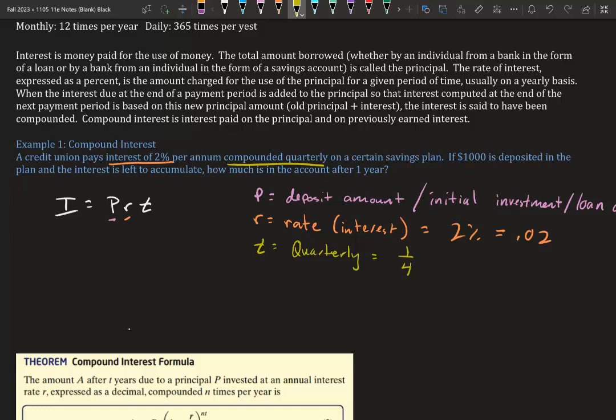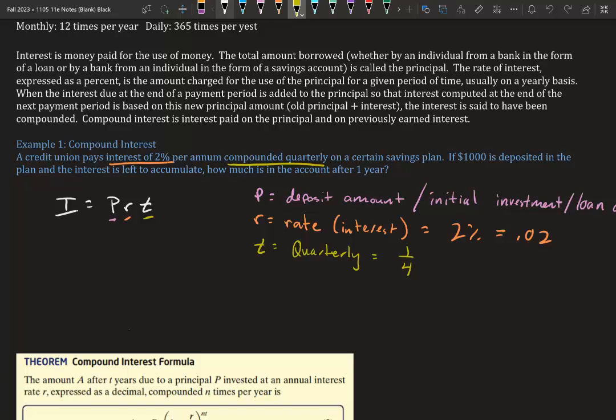Now, there is a difference between time and N when we're talking about interest and principal and money. Since this is a time, they're compounding quarterly. Quarterly is 4 every year.